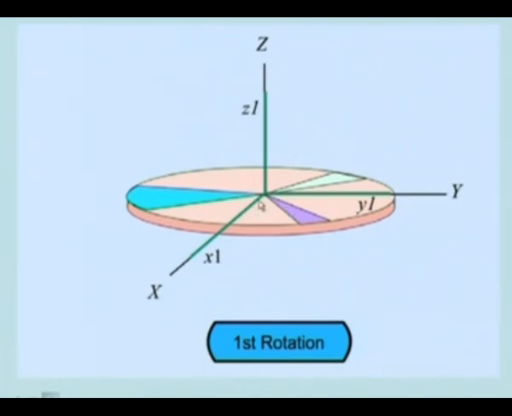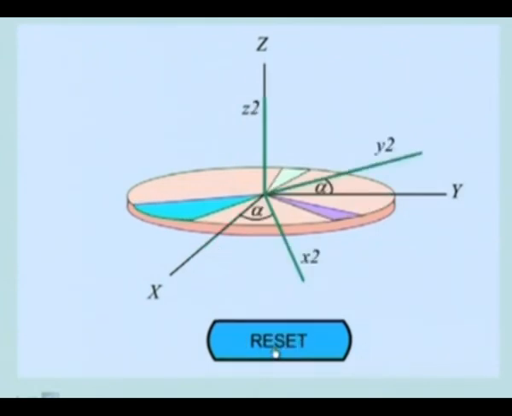So suppose you have a system x1, y1 and z1, now you rotate and this axis is the same as that one. So you give the first rotation, and you get another system x2, y2, z2.